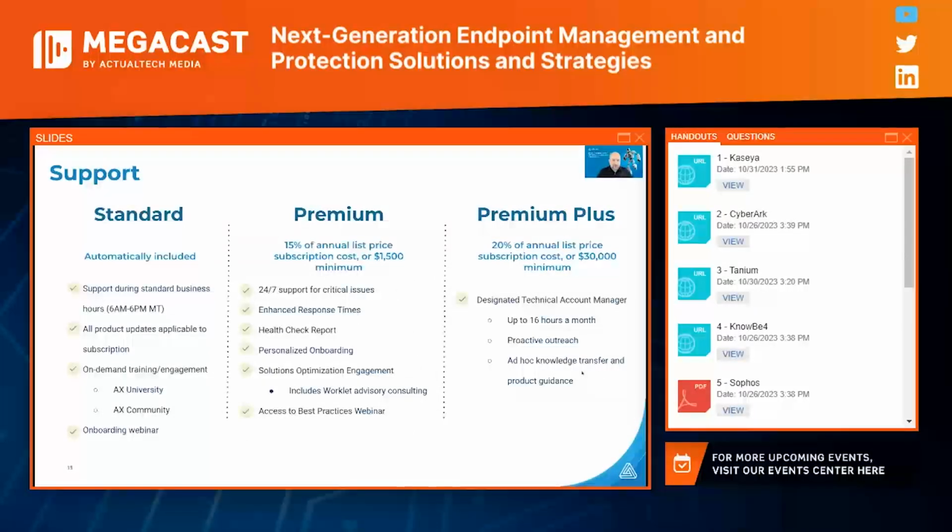We have 3 different tiers. Standard is our basic tier, but I want to point out that we still included the training, because that on-demand training and engagement through the university and the community and the onboarding webinar are important because we want you to feel comfortable in the platform, and we want you to feel confident in the task that you're trying to accomplish. And then at premium, we go to 24/7 support for critical issues with enhanced response time, personalized onboarding.